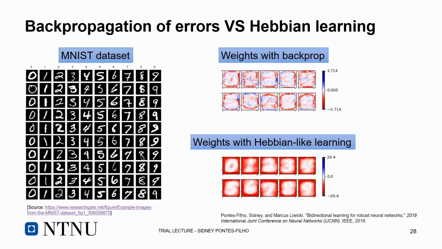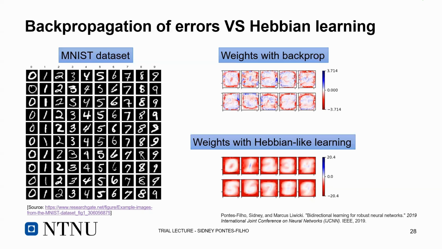And we are going to compare here backpropagation of errors and Hebbian learning. We have the MNIST dataset, a dataset of handwritten digits used for image classification. We have the top weights with backpropagation. You can see that these are the neurons responsible for 0, 1, 2, 3, 4, and so on, and weights with Hebbian-like learning.